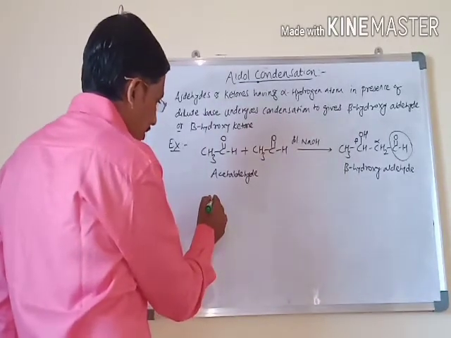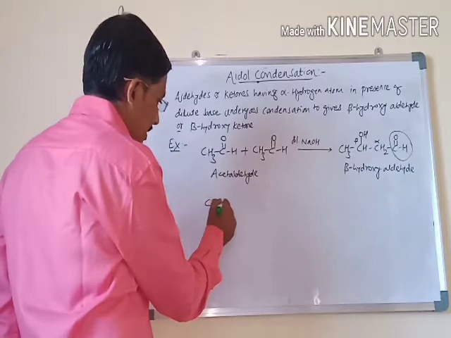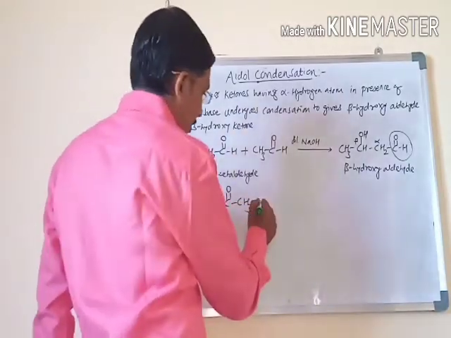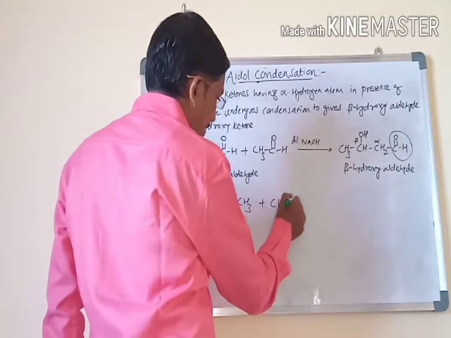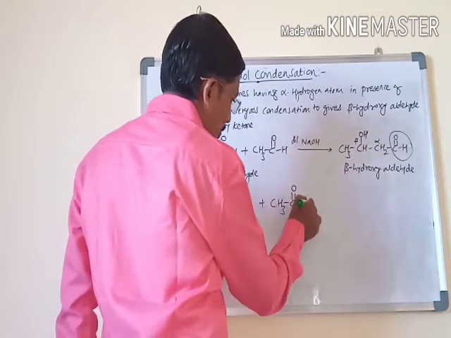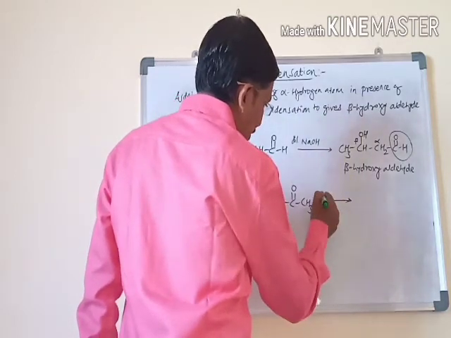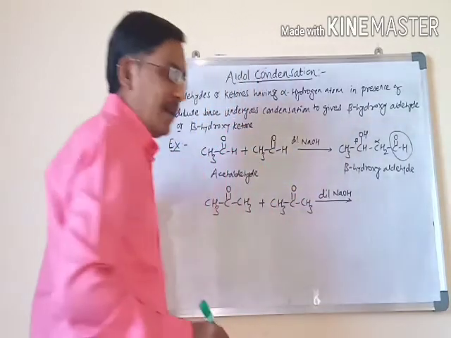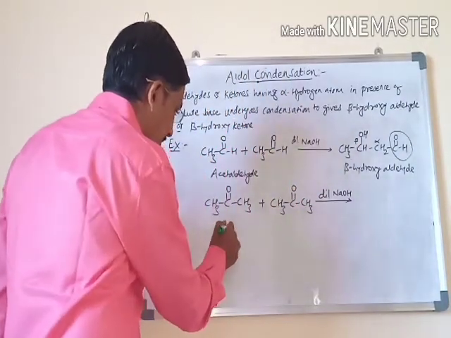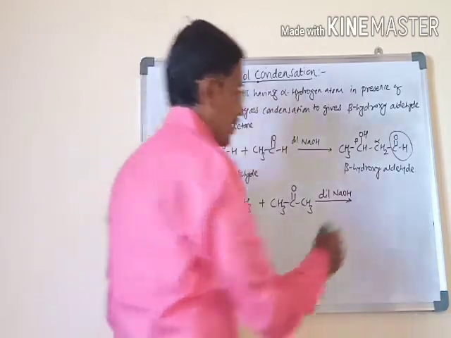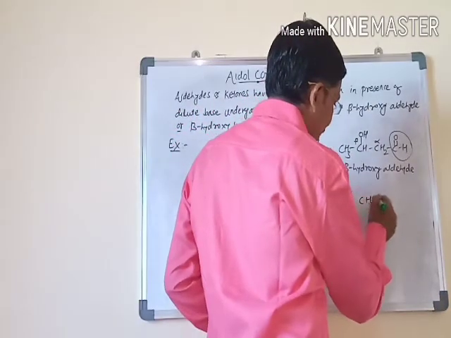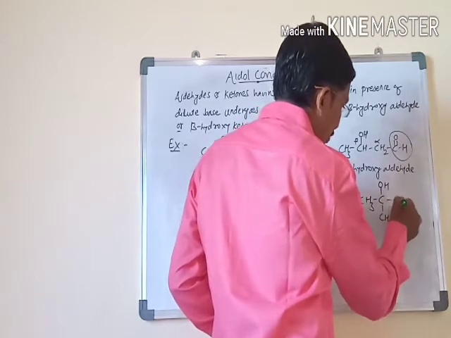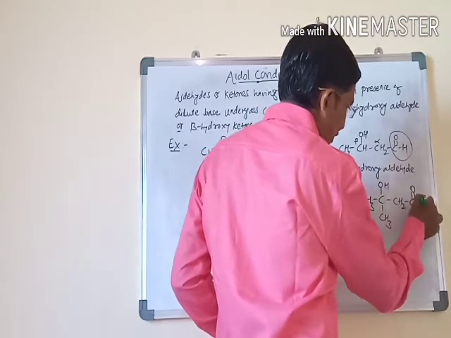Here if you take CH3 C double bond O CH3, acetone, plus again acetone, two molecules of acetone in the presence of a dilute alkali again undergo condensation to give rise to CH3COH CH3 CH2 C double bond O CH3.